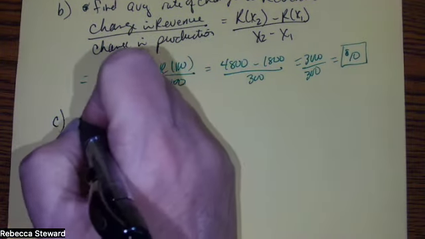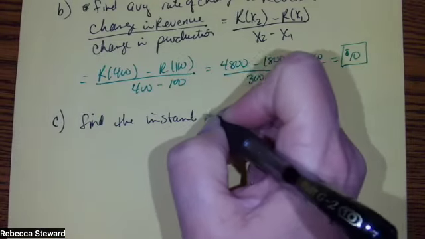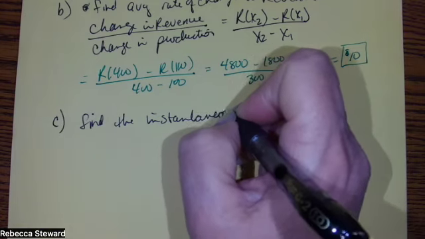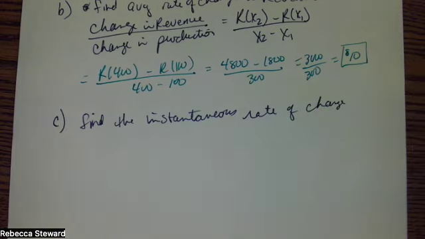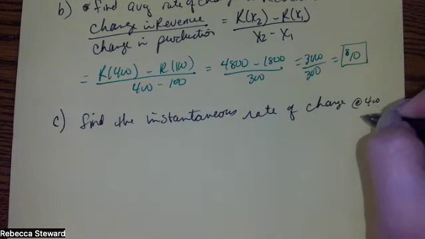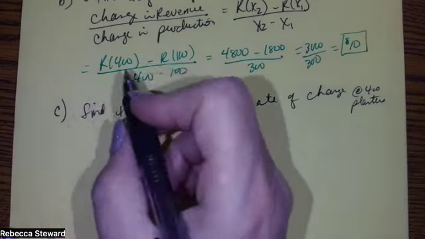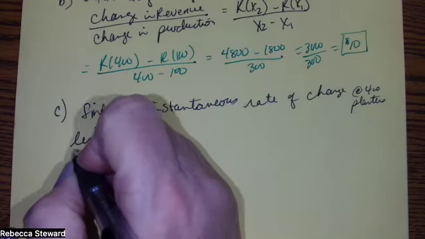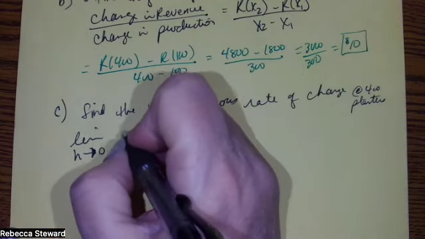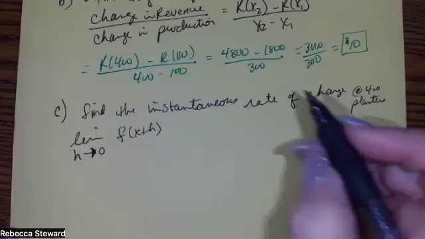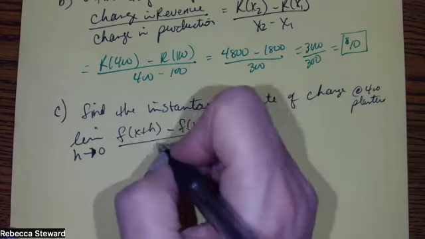All right, so we're going to find the instantaneous rate of change at 400 planters. This is where we're going to do the limit as h approaches 0 of f of x plus h minus f of x, all over h.